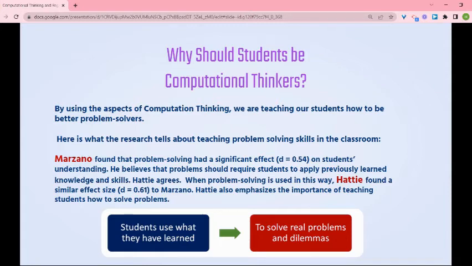Really what we're talking about is 0.40 is what they refer to as the hinge point, right? So anything below 0.40, 0 to 0.40, anything in the positive is not going to hurt students, but it's not really impacting their outcomes in the way that we would like it to. Obviously, anything that is negative would negatively impact them.